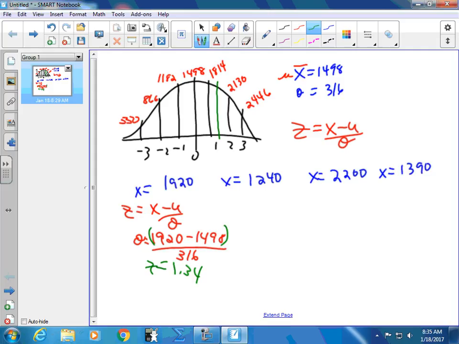Now, look up the area for this guy. Look up the area for 1.34.